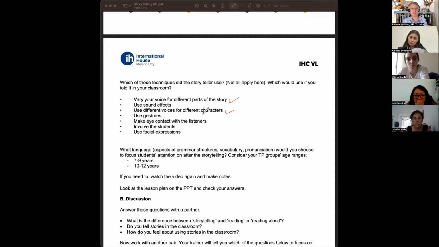Yes, they use different voices and gestures too. Yeah. Gestures. Well, we didn't see the storyteller, but if you were a teacher in the class, you'd probably use gestures, right? Yes. Yeah. Make eye contact with the listeners. That's probably a good idea as well if you're teaching it. Yeah. You could involve the students.